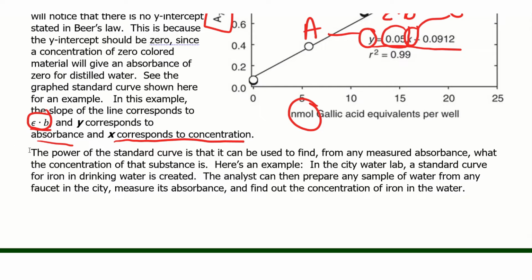The power of the standard curve is that it can be used to find any concentration of a substance from any absorbance that you have. So you can have one or the other. You can have y and figure out x because you have the standard curve. Or you can have x and figure out y because you know the standard curve equation.